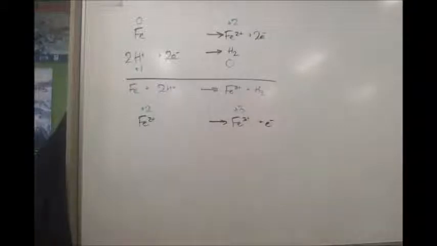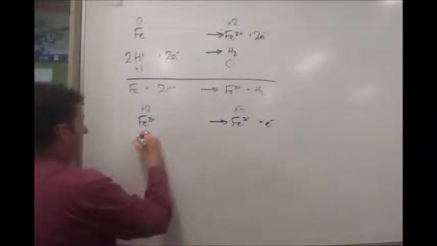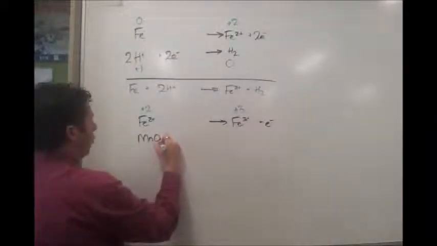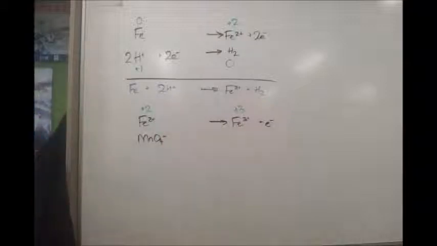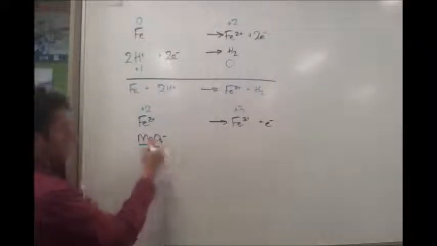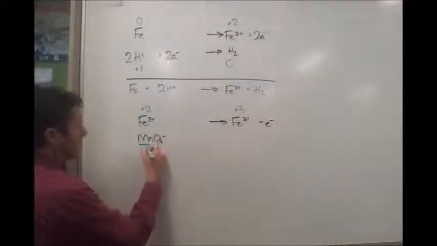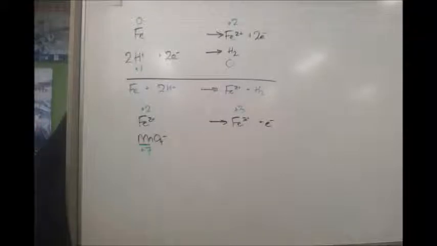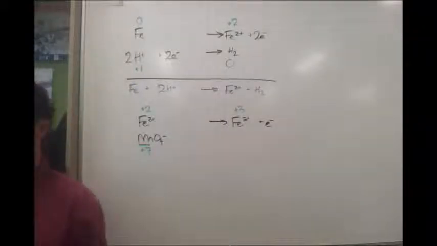Right, the next one's a bit trickier, so bear with me while I teach you how to do this one. And the other half of this, we had permanganate, MnO4 negative. Now, I'm not going to show you how to do it yet, but I'm going to ask you to believe me that its oxidation number for manganese, I'm not going to worry about the oxygen, manganese is plus 7. Okay? I'm just going to ask you to believe me on this one. I'll show you how to do that at a later date. Alright?